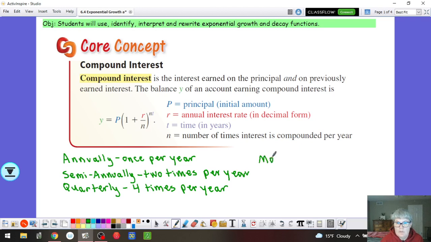Monthly is 12 times per year. And weekly is 52 times.